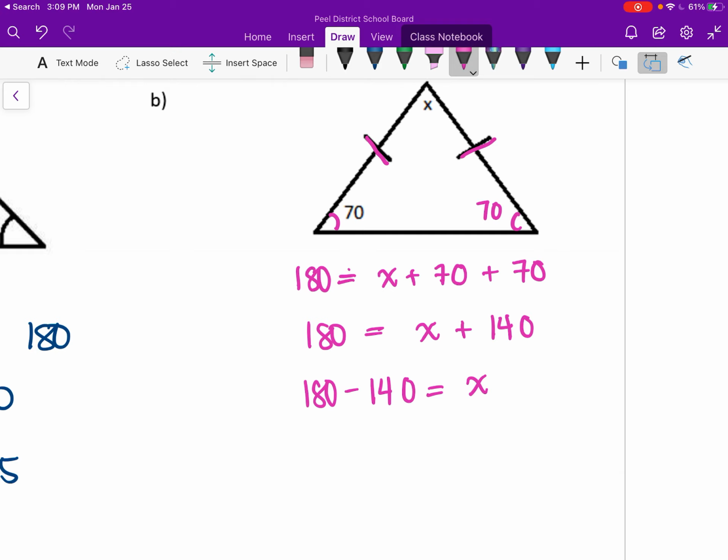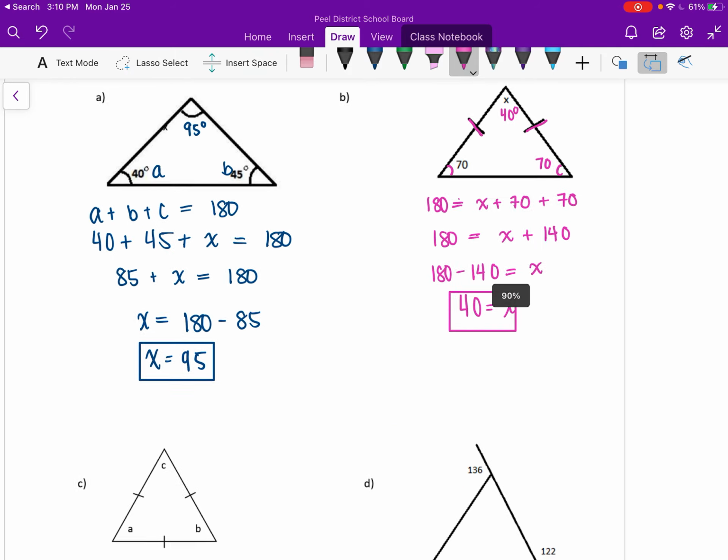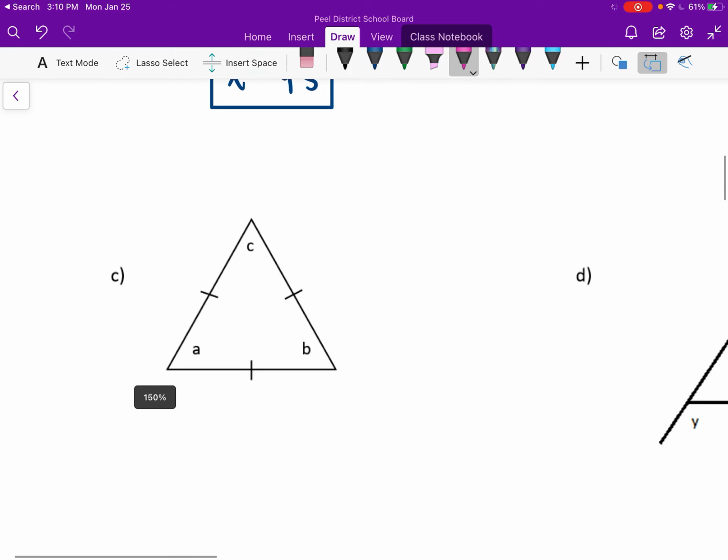So 180 minus 140, my bad, is going to give me 40, right? So I'm left with 40 equals X, which means that the corner at the top is equal to 40 degrees. Okay, and I always like to go in and put in what I have found.